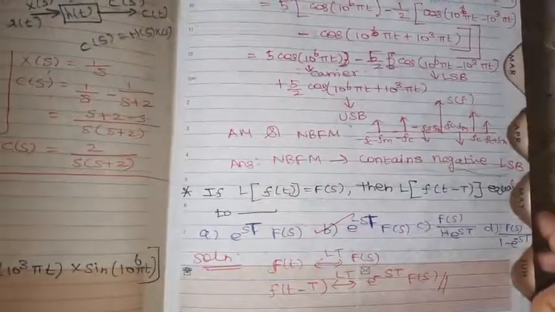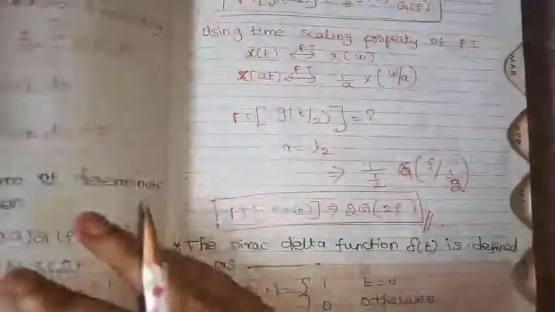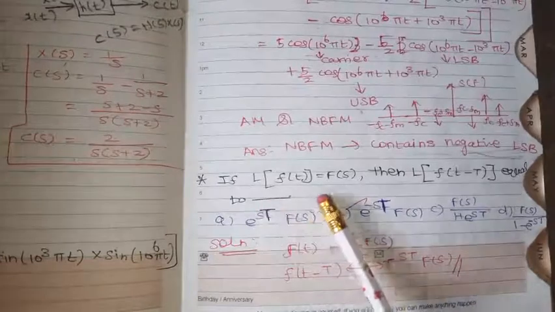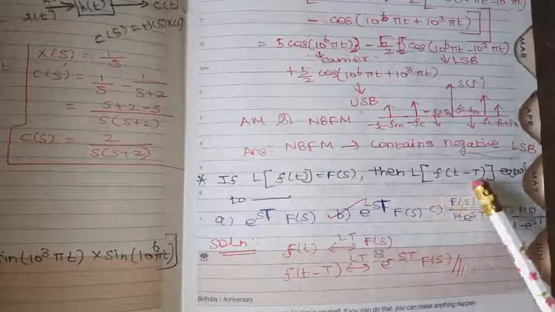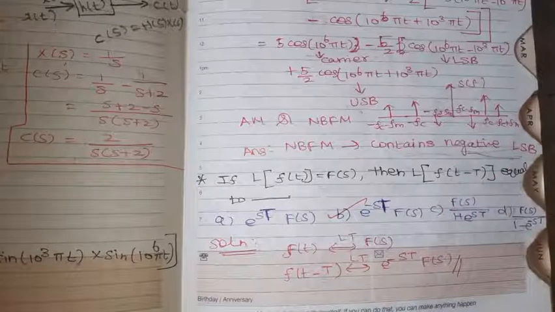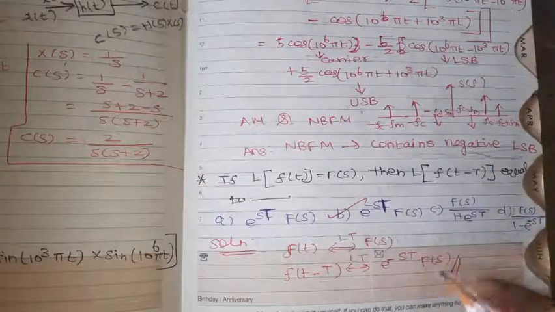Then we will move on to the next problem. If the Laplace transform of f of t equals F of s, then what is the Laplace transform of f of t minus T? This is the time shifting property of the Laplace transform. f of t minus T is nothing but e power minus sT into F of s.